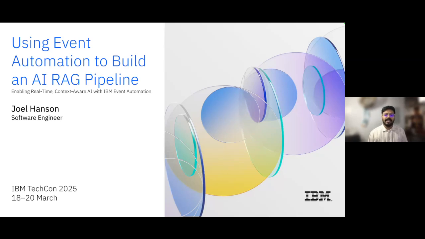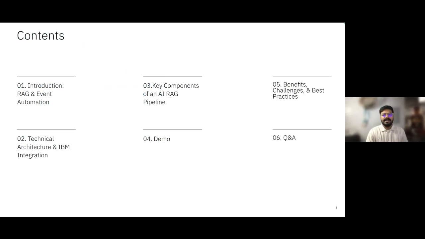I'll walk you through a live demo of an inventory management bot. We will also touch on other real world applications, for example, customer support AI, or a system that detects credit card fraud. By the end of the session, you will understand why event-driven architecture is the missing piece in AI-powered applications, and how event automation enables this transformation. So let's dive in.